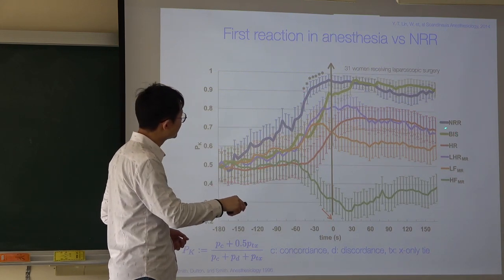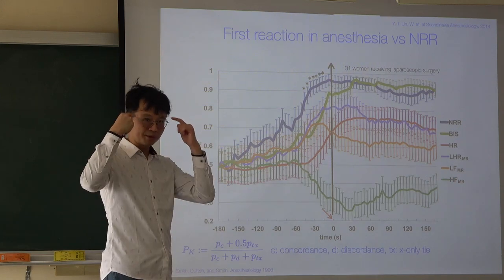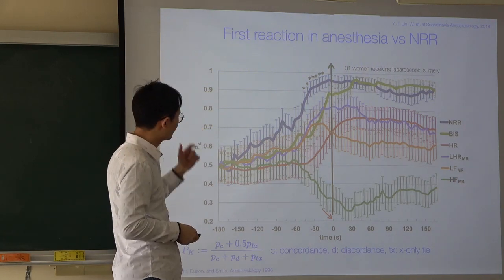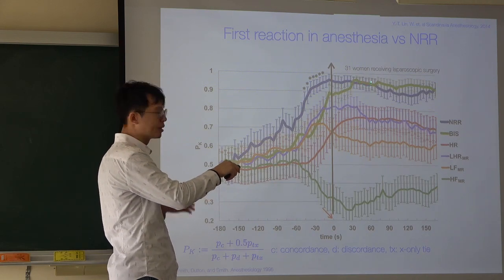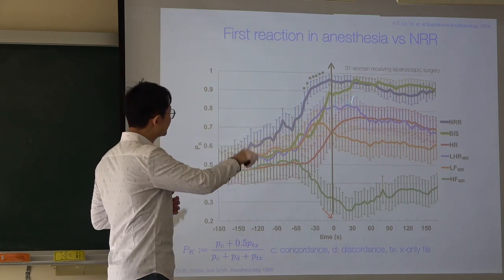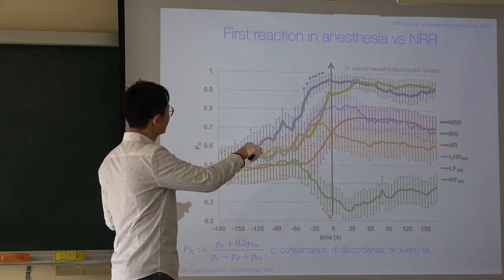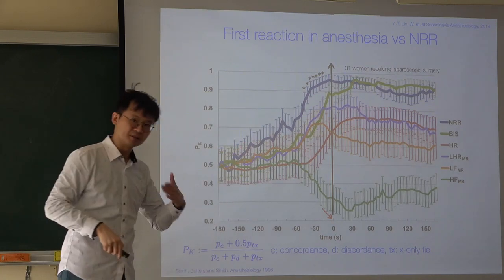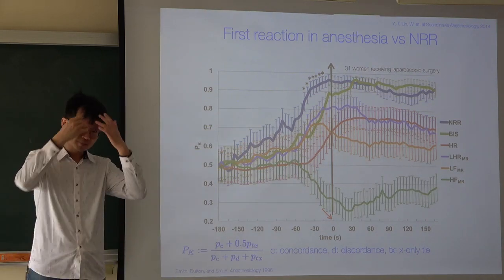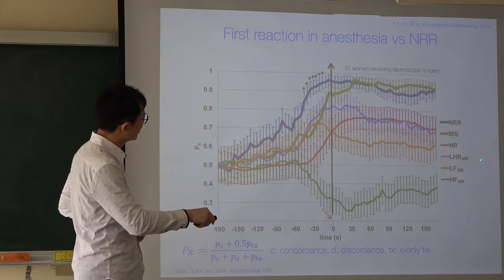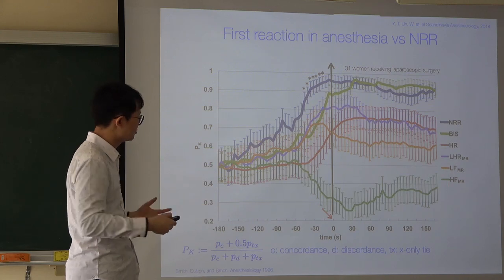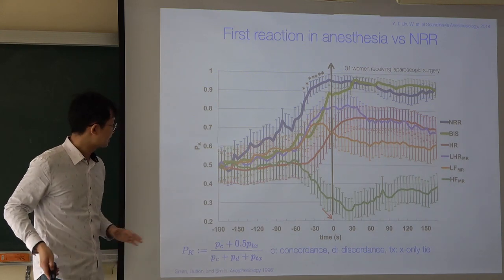But if you use BIS, which is the brain wave from cortical activity, you can see that it can predict or get the result only right after, or maybe very accurately after a patient wakes up, because after wake up, the cortical activity increases and so on. And the other heart rate variability indices may not be super useful. That's the conclusion.